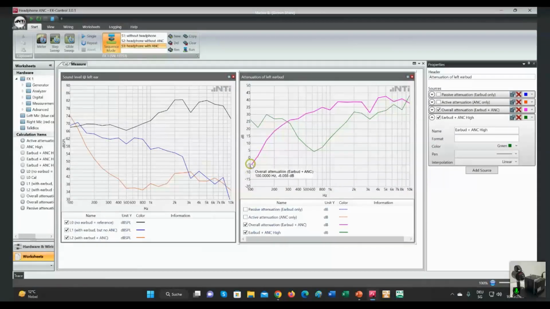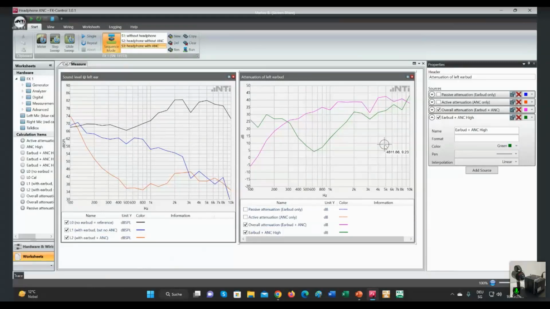And now you see the pink curve is the attenuation of the passive headset. The green curve is the combined attenuation of the earbud with active ANC. And you can see, especially in the low frequency range, we are very efficient with our ANC, even much better than the passive headset. Only at the higher frequencies, the headset has a little bit better attenuation.